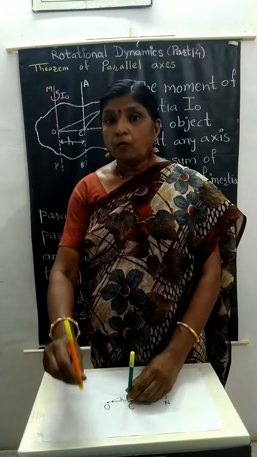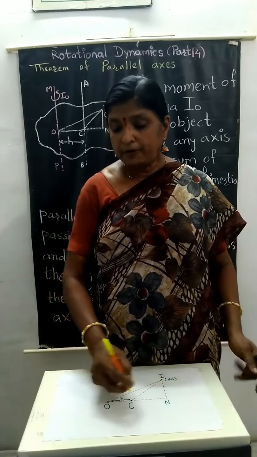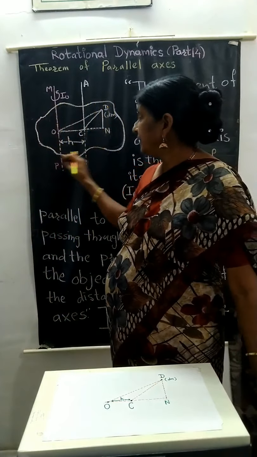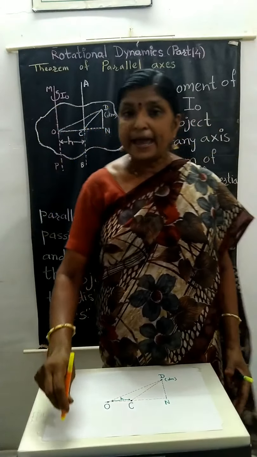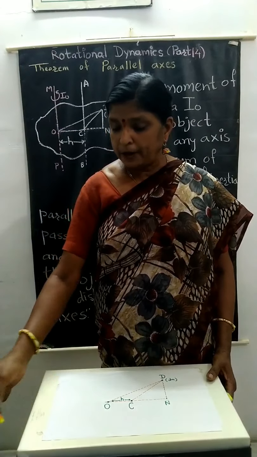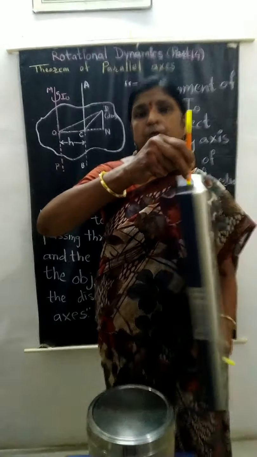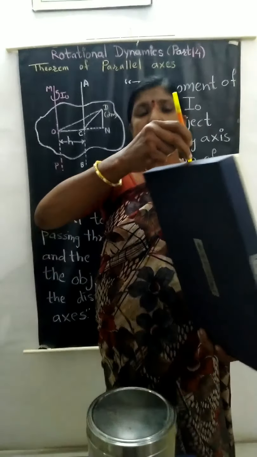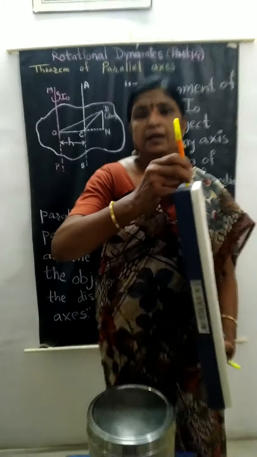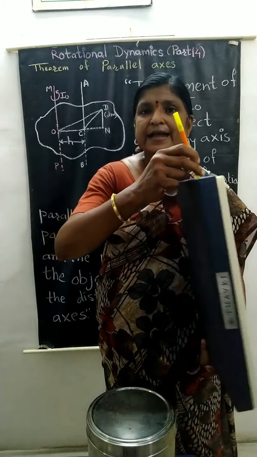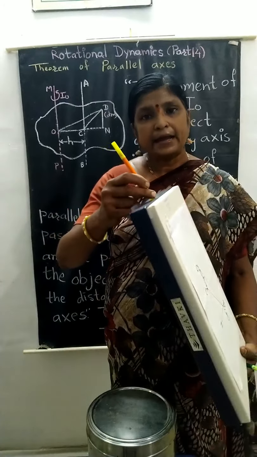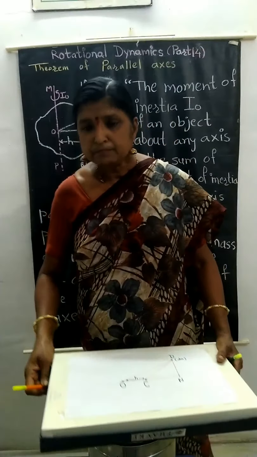So, we have to find the moment of inertia of the rigid body about an axis passing through any point O. The point O may be here. This may be the axis of rotation of the body. So, according to the situation, if you change the axis of rotation, the diagram will somewhat change.